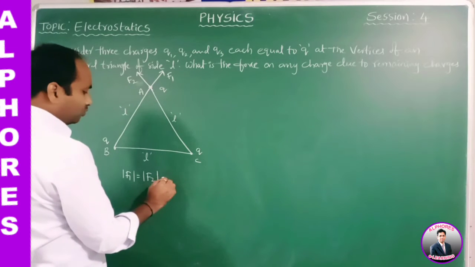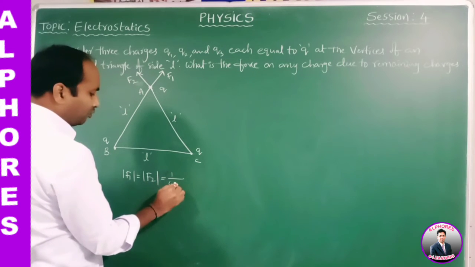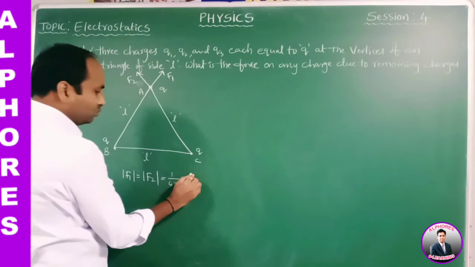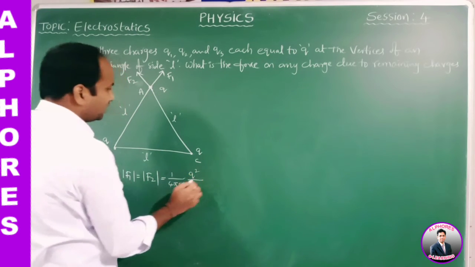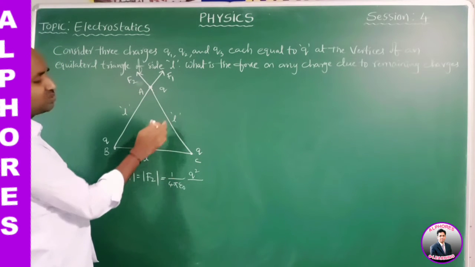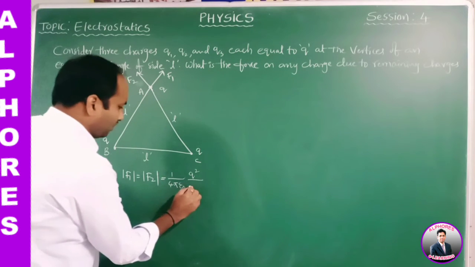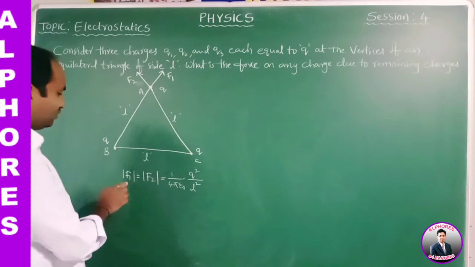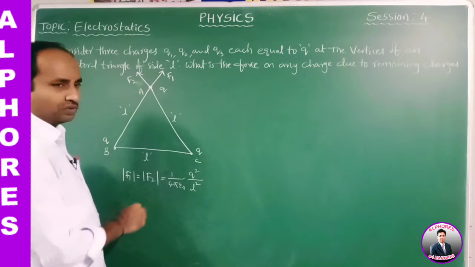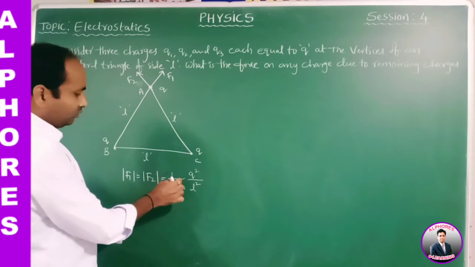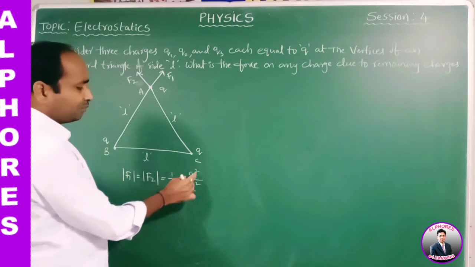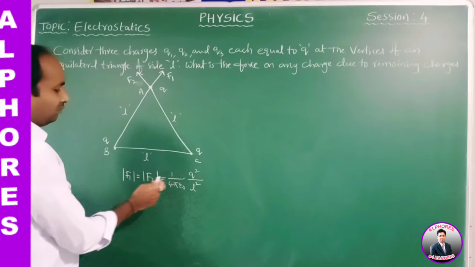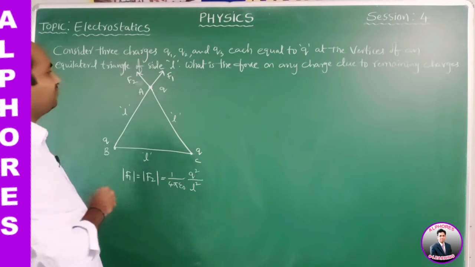By Coulomb's law, it is 1 by 4 pi epsilon naught Q1 Q2, that is Q into Q, Q square, and the distance between these 2 charges is L. So 1 by 4 pi epsilon naught Q square by L square. These are the 2 forces F1 and F2, of equal magnitude 1 by 4 pi epsilon naught Q square by L square. We know the magnitudes, and the directions are different here.